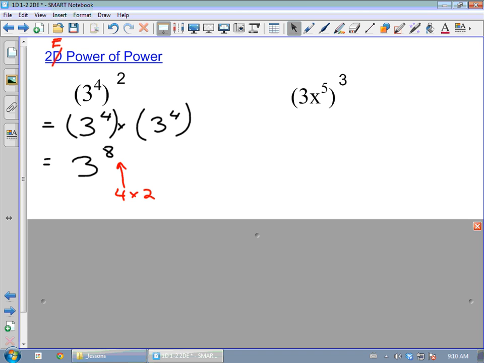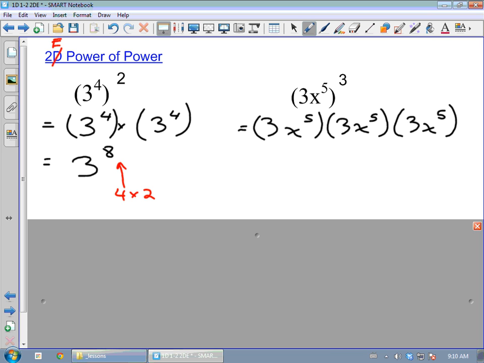Okay. Let's see if this pattern holds over here. Here we've got 3x to the 5 to the power of 3, so we can think of this as 3x to the power of 5 times 3x to the power of 5 times 3x to the power of 5. I can apply my rules for multiplication here. I'm going to keep the base the same because they all have the same base of x. And what is my new exponent going to be here? 15.